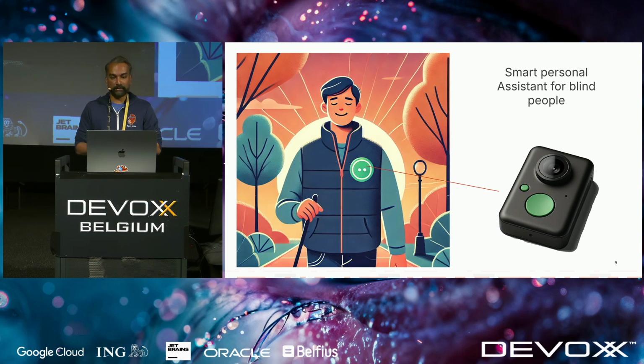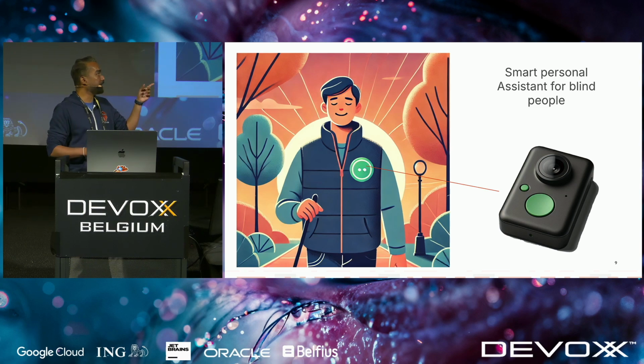So this time I was planning to build a personal assistant for blind people. So essentially, this will be something like a portable device that blind people can take wherever they go. This device should have a camera to see the outside world and some kind of a triggering mechanism. So that's where this green color push button comes in.